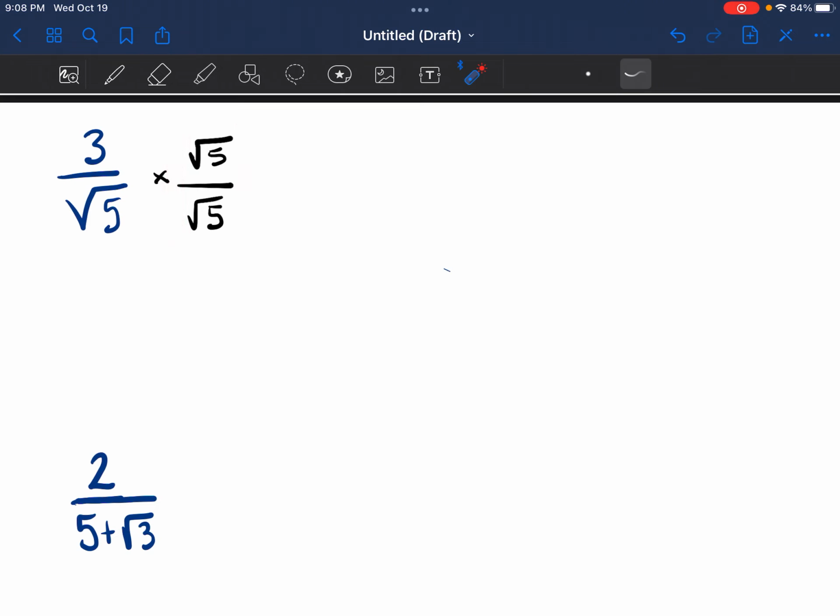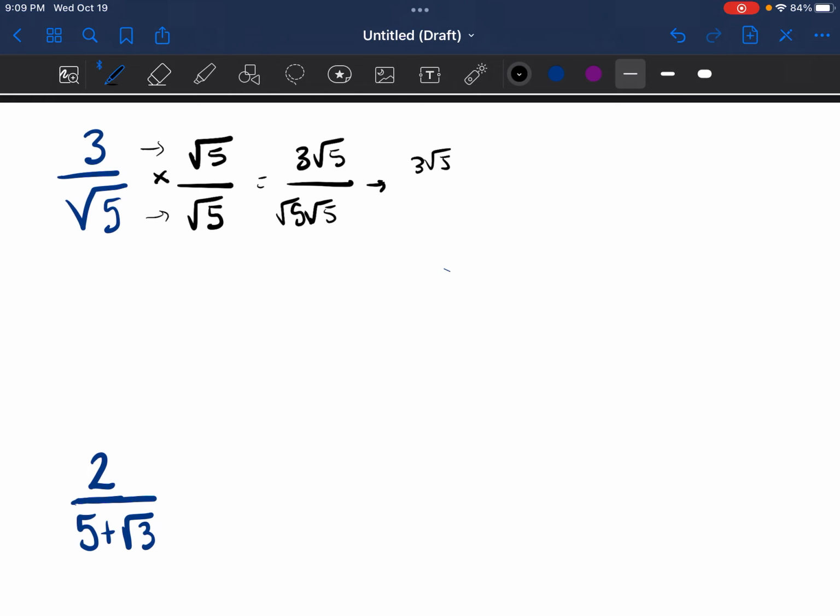But now it will be rewritten in a form where it is rational, where it does not have a square root in the denominator. So I'm going to multiply by that denominator, top and bottom. I'm going to multiply right across. So I'll get 3 times the square root of 5 over 5, the square root of 5 times the square root of 5.